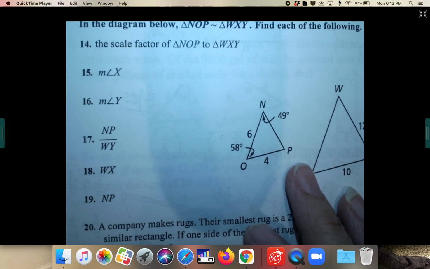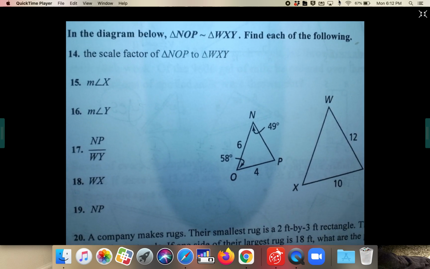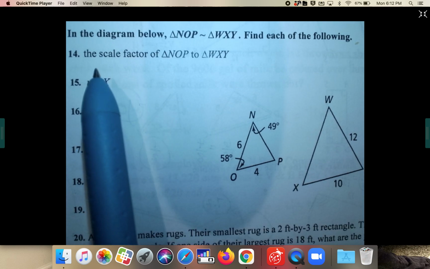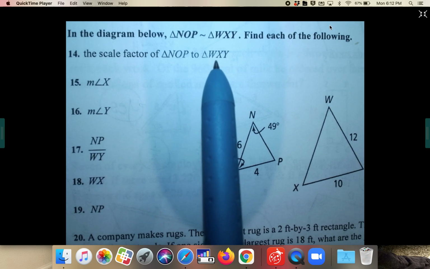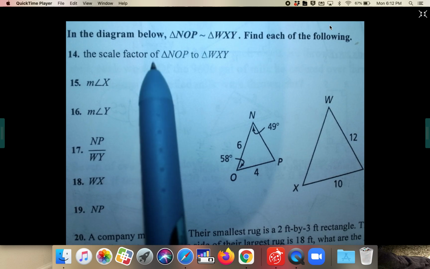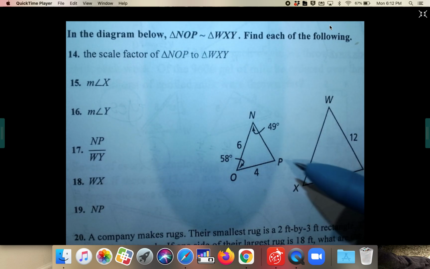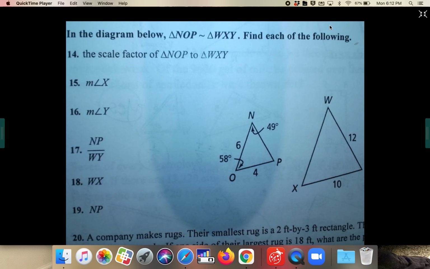Okay, number 14. In the diagram below, so these are the pictures we're looking at, find each of the following. We first need the scale factor of triangle NOP in this order to WXY. So we need the little one to the big one. Let's see what our corresponding sides are.